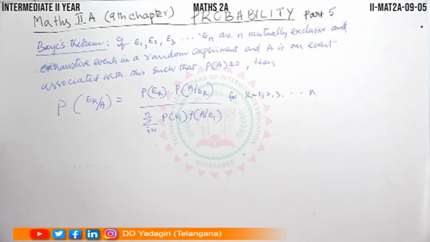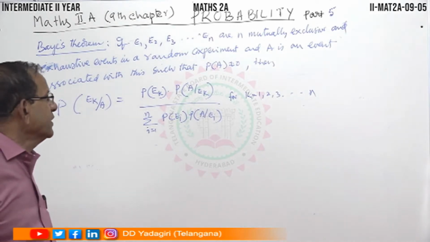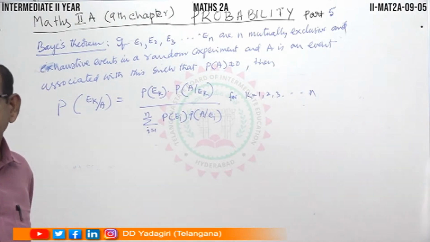Now here E1, E2, E3 up to En are mutually exclusive events.